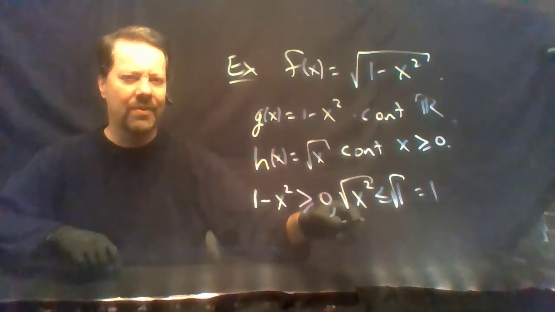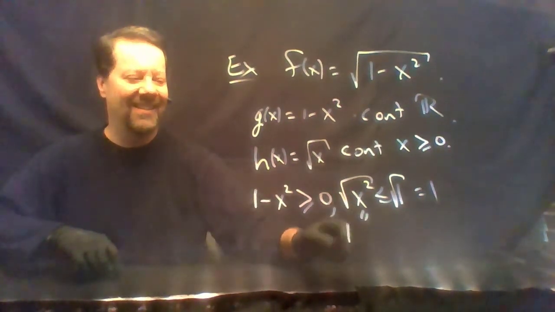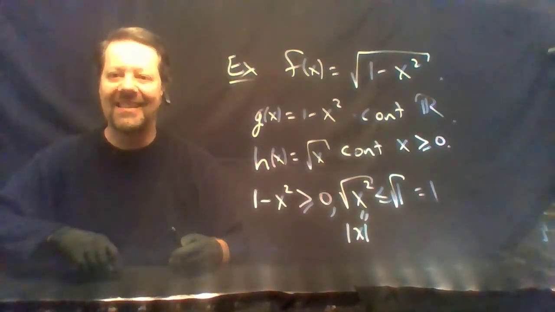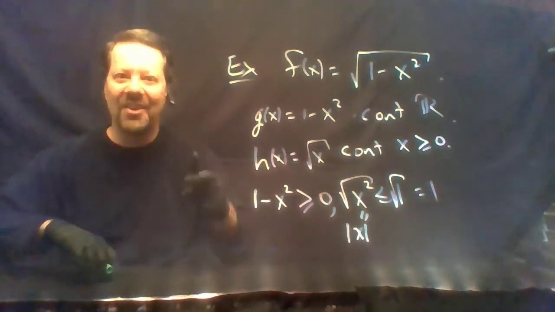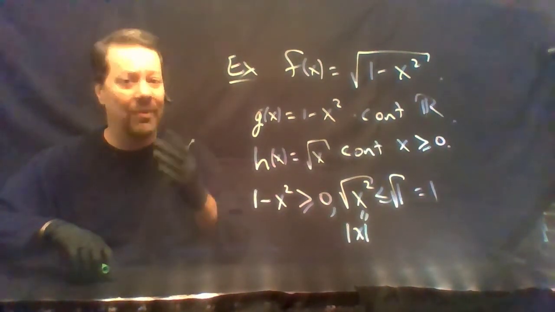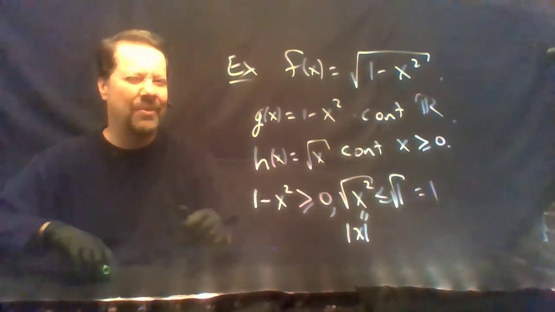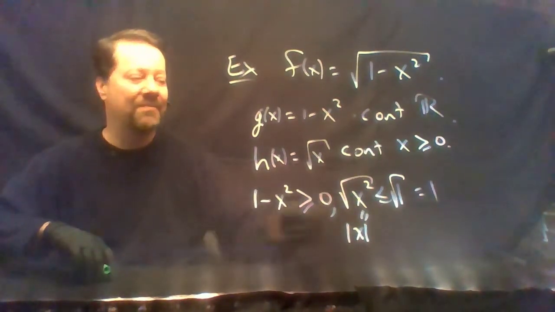What is the square root of x squared? The absolute value of x. Be careful with that. It's not x. It's the absolute value of x. Your Algebra 1 teacher told you the square root of x squared is equal to x, but only provided x is positive. They tried to ignore all those nasty little details, but we have to pay attention to them now.